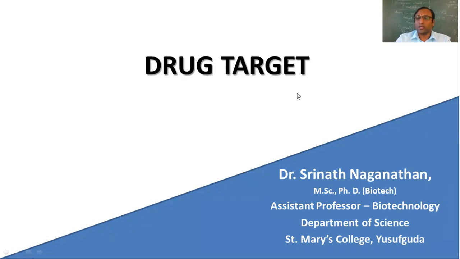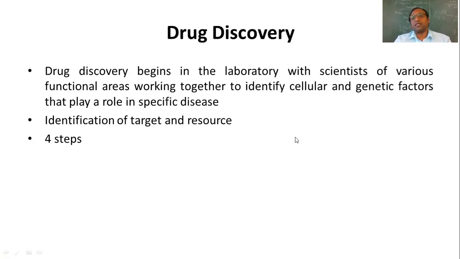So in this process of drug target, the first and foremost thing we have to understand is that drug discovery begins in the laboratory with scientists of various functional areas working together to identify cellular and genetic factors that play a role in specific disease.